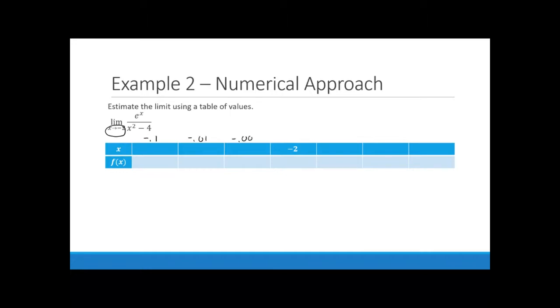I'm going to just write these above, and then I had 0, and then 0.001, 0.01, 0.1. So in order to determine what numbers I'm going to use in this table, now that I have negative 2 as my center point, I'm going to subtract 2 from each of my original numbers.